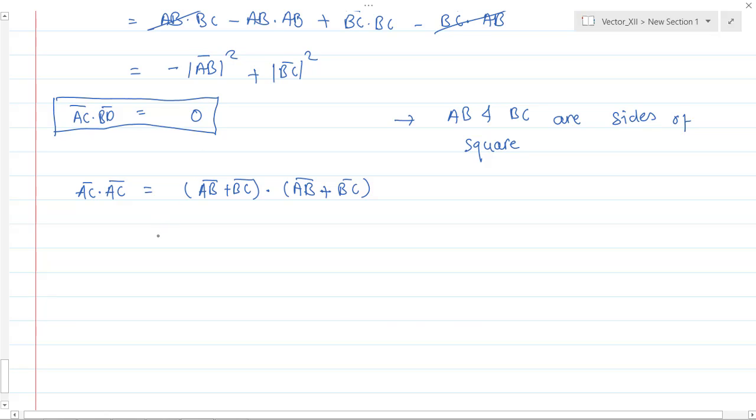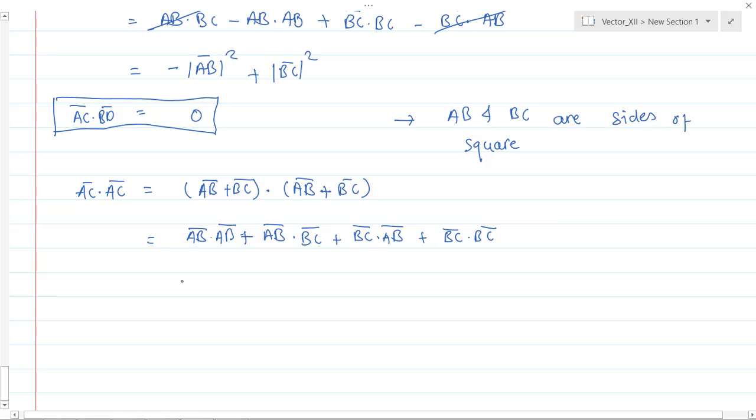This is equal to AB bar dot AB bar, plus AB bar dot BC bar, plus BC bar dot AB bar, plus BC bar dot BC bar.